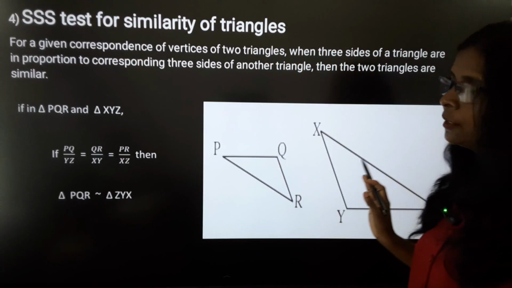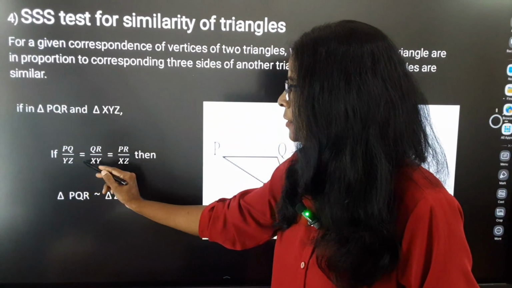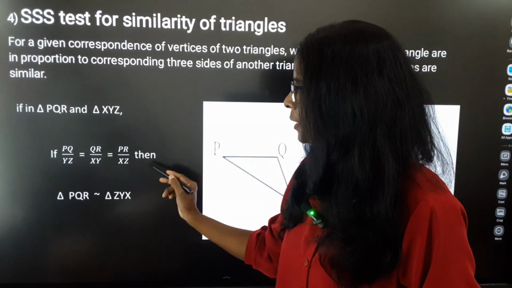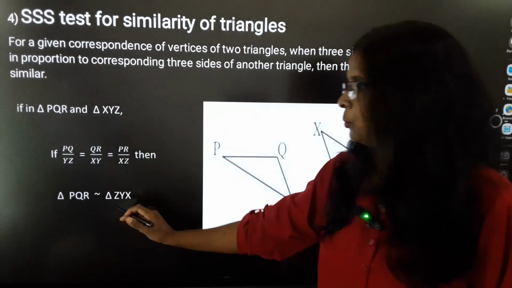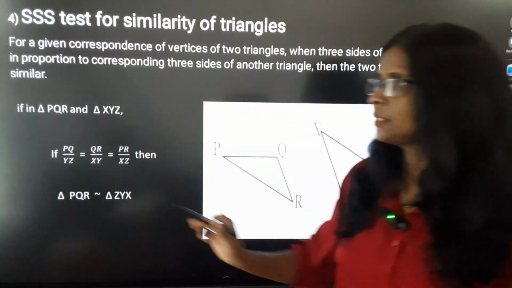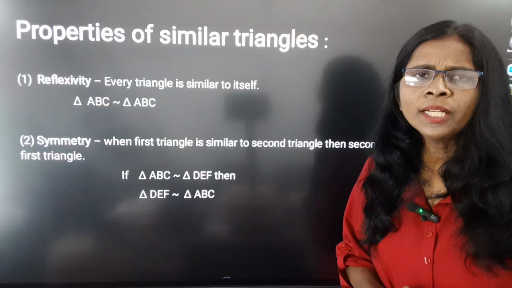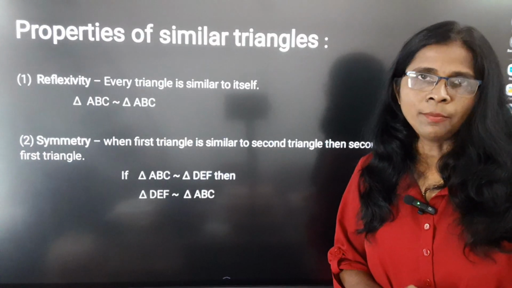Their sides are in proportion: PQ upon ZY is equal to QR upon YX is equal to PR upon ZX. Then we can say that triangle PQR is similar to triangle ZYX, students. This way we can find out the tests of similarity.